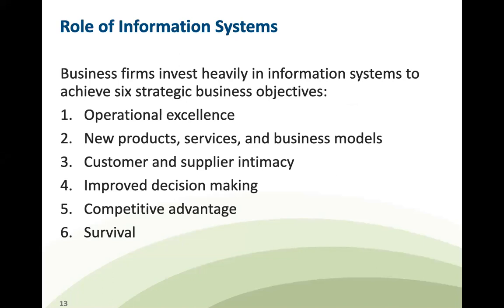Business firms invest heavily in information systems to achieve six strategic business objectives. So these are the objectives that are being targeted by businesses for having information systems. Operational excellence, to excel in their operations, new products, services and business models. So you also know, with the internet facilities and all these technologies, individually we also can find out what are the new products available and who are the competitors.